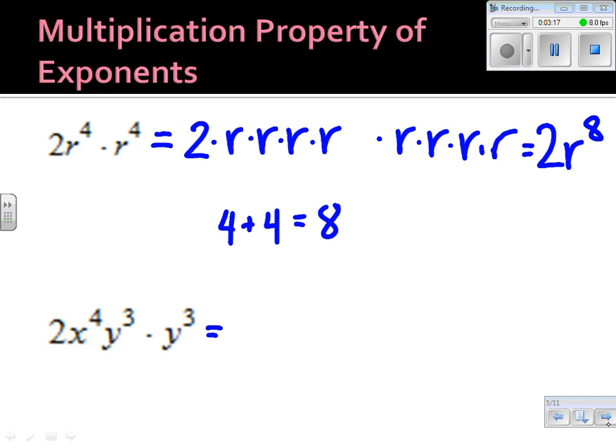In this case, we only have one coefficient, and that's the number 2, so it will stay the same. We have x to the 4th, and there's no other x in the expression, so we're just going to leave x to the 4th as is. And we have y to the 3rd times y to the 3rd. If we add 3 plus 3 together, we will get y to the 6th. It's that simple.